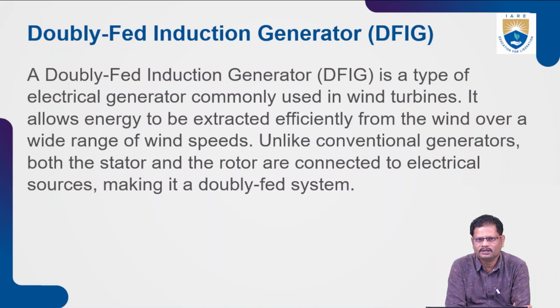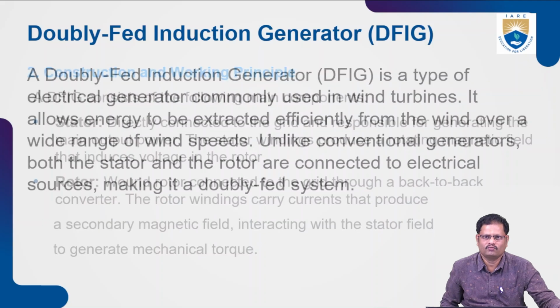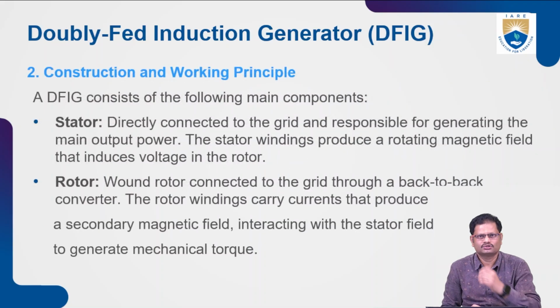So in this doubly fed induction generator, this makes a doubly fed system. What is meant by doubly fed? In a DFIG, both the stator and rotor are given an AC supply.